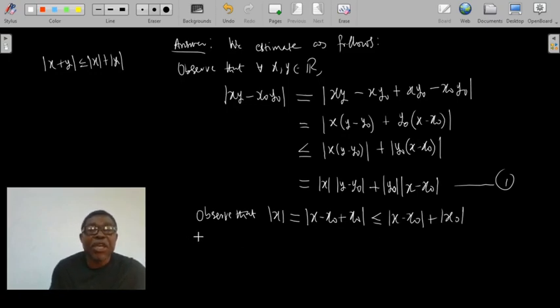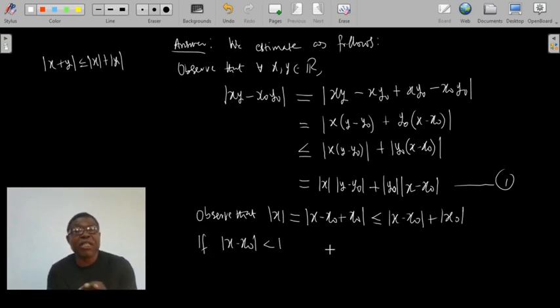Thus, if the absolute value of x minus x naught is less than 1, say, I'm using 1 for simplicity. We can use any constant, but for simplicity, if we assume that the absolute value of x minus x naught is less than 1, let me label here 2.